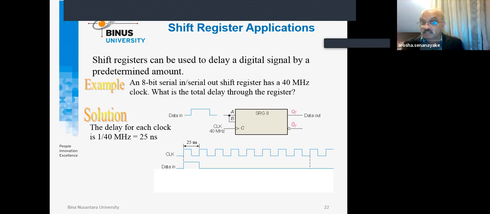This is very important to understand, because data at the input will never appear at the output unless a clock pulse is activated through the clock signal. Then only, of course, the delay is 25 nanoseconds. Importantly, there is no guarantee that after exactly 25 nanoseconds the data is ready.